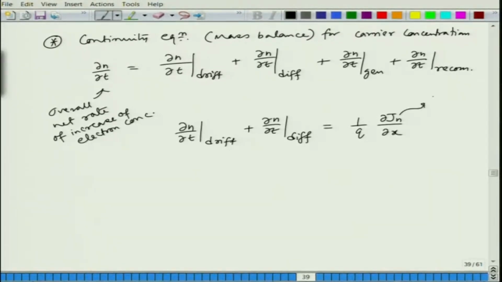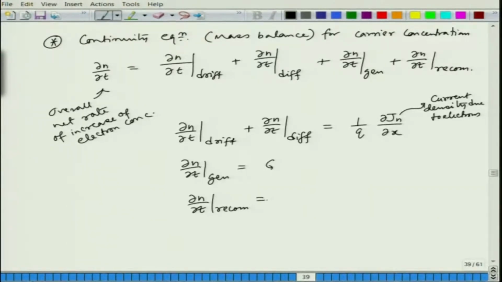So, this j n is the current density due to electrons. So, those flux terms you can write in terms of the current density. Okay. And for the generation term, we have used this particular symbol G, okay, and for the recombination part, we have seen that we can write it as delta n by tau n, which is the lifetime for carrier.